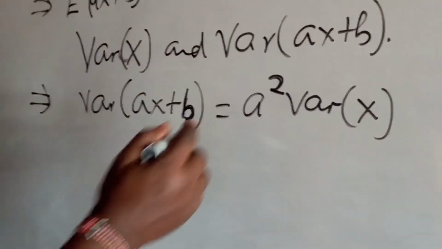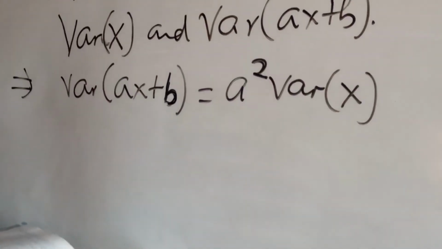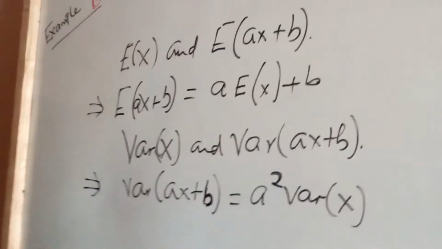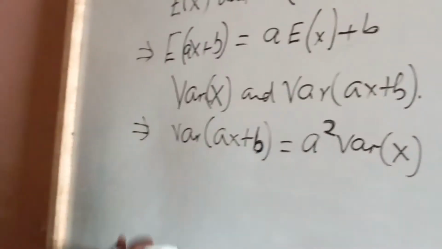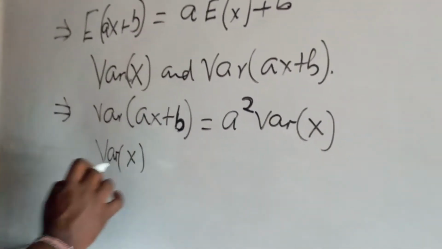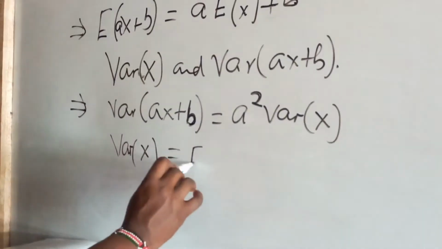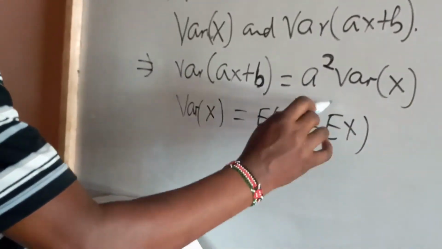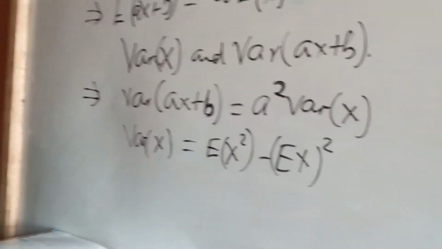But you can see there is a squared here. But a squared is understandable, if you remember that the variance of x is given by E of x squared minus E of x, squared.